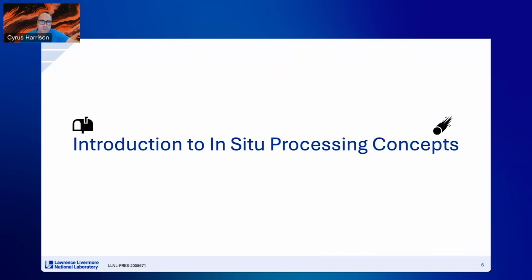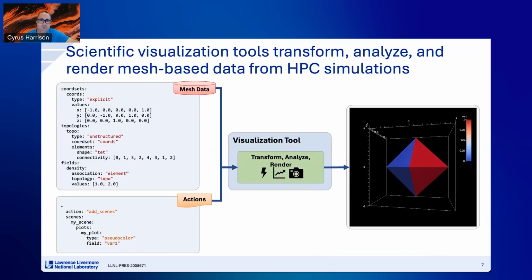So let's talk a little bit about what in situ processing is and give you some ground floor for what's going on with in situ processing. When you want to do scientific visualization, you use one of these tools. These tools help you change your data, maybe with some sort of geometric change, or something feature-based.